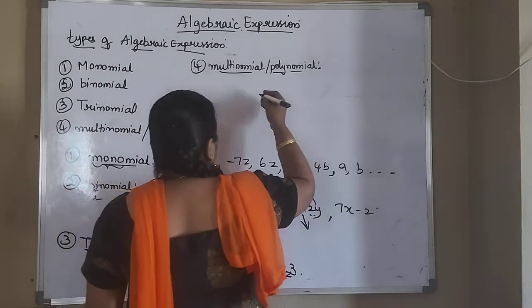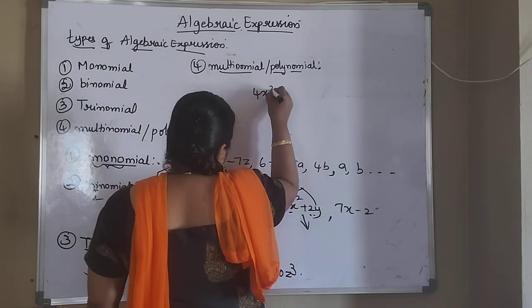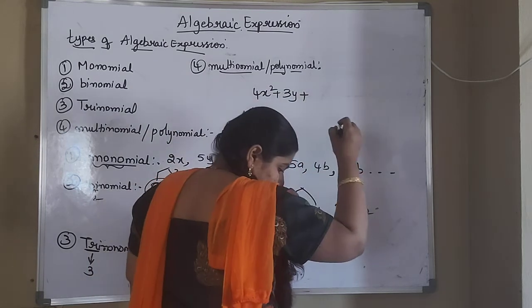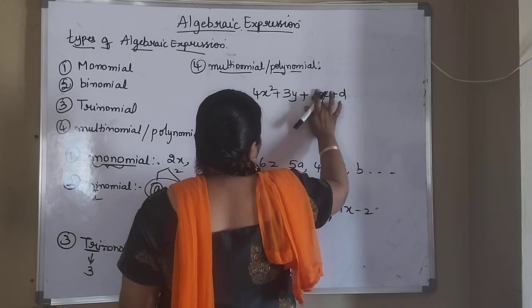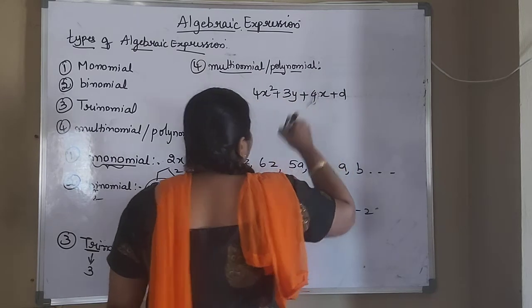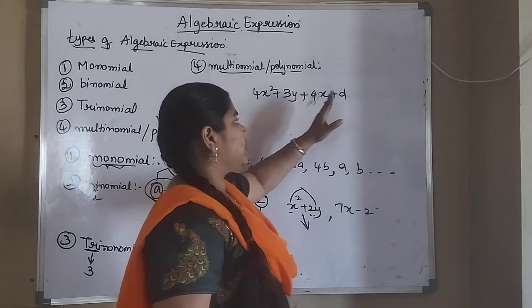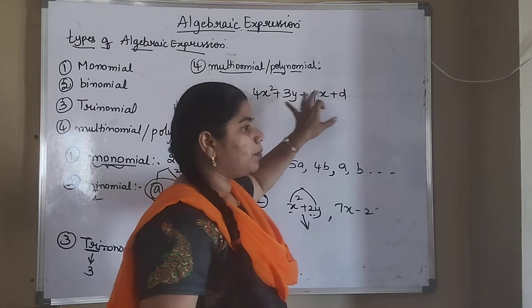If it is combined with 4 terms, that is 4x square plus 3y plus cx plus d. How many terms are there? 4 terms are there, and all the terms are combined with fundamental operations.